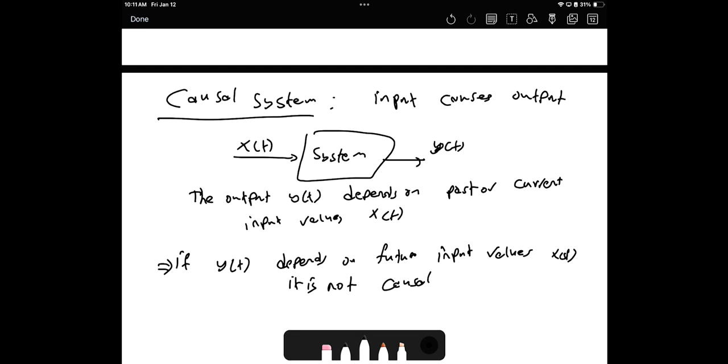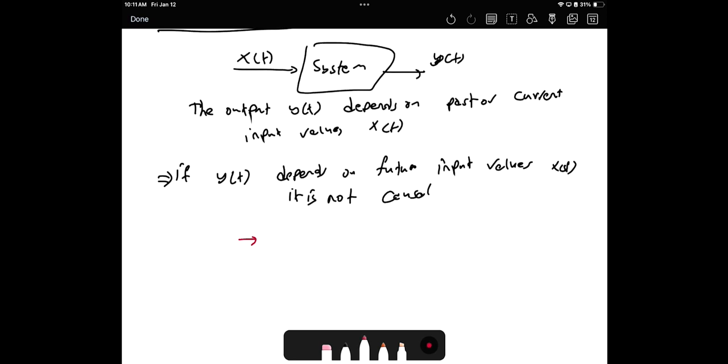In real life, there is nothing called a non-causal system. There is no application at all for a non-causal system because we cannot predict the future. We don't know what's going to happen in the future. So I would say that any real system is causal.